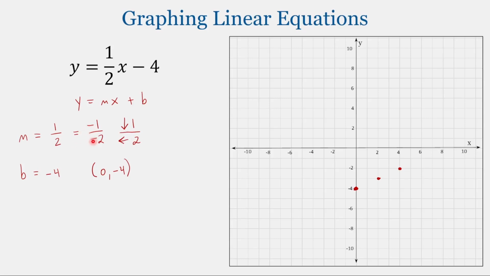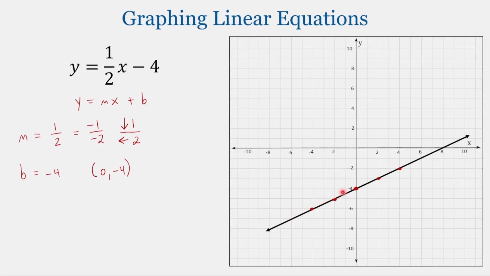The negative directions are down for rise and to the left for run. We'll go down 1, to the left 2. One more time, down 1, to the left 2. And then connecting our points, we have our line.